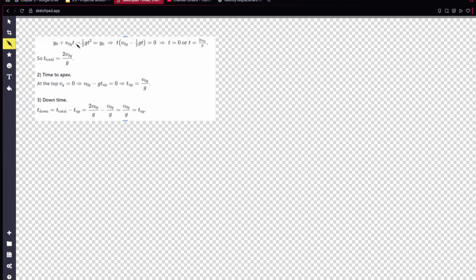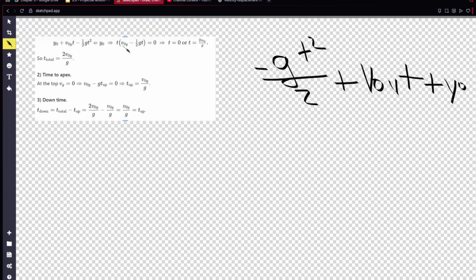So we start with this equation, which everyone knows. Perhaps the best kinematic equation, I like to say. This equation just deals with kinematics in the y direction. But as we know, the initial y we're going to denote as 0.